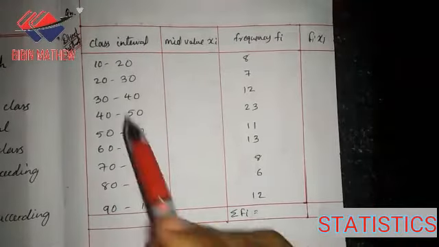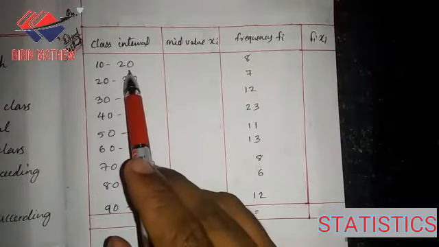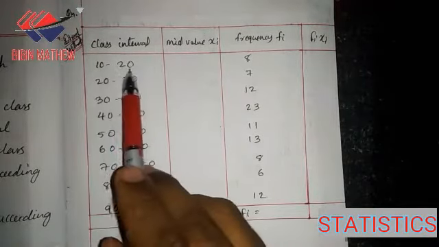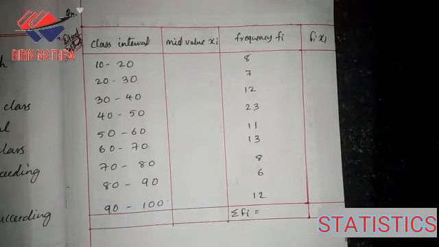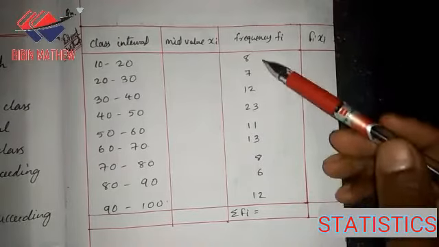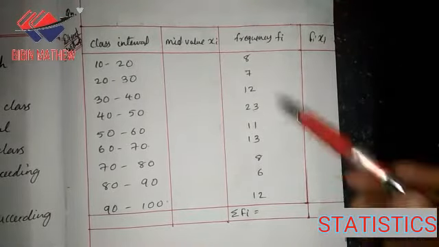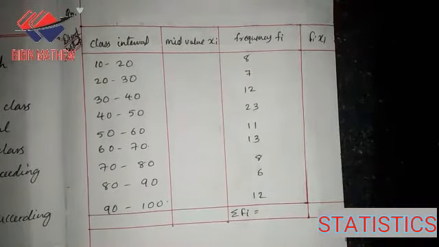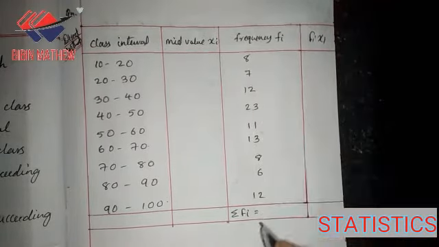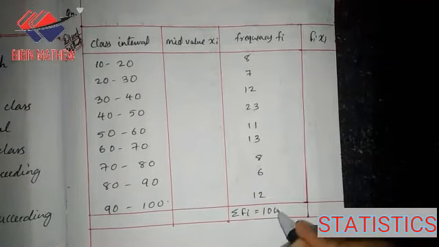The difference between the lower limit and upper limit is what we call the class width. Along with that, the frequencies are given. Now from this you have to take the summation of the frequencies. If you take the sum, altogether it is 100. This is also what we call the capital N.